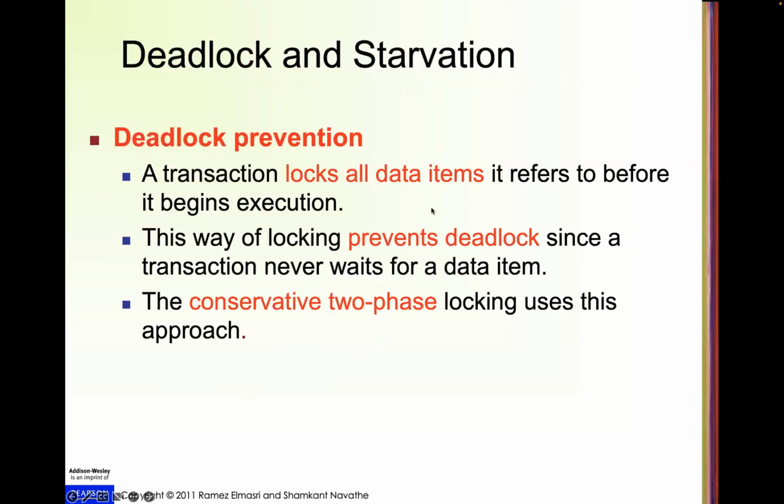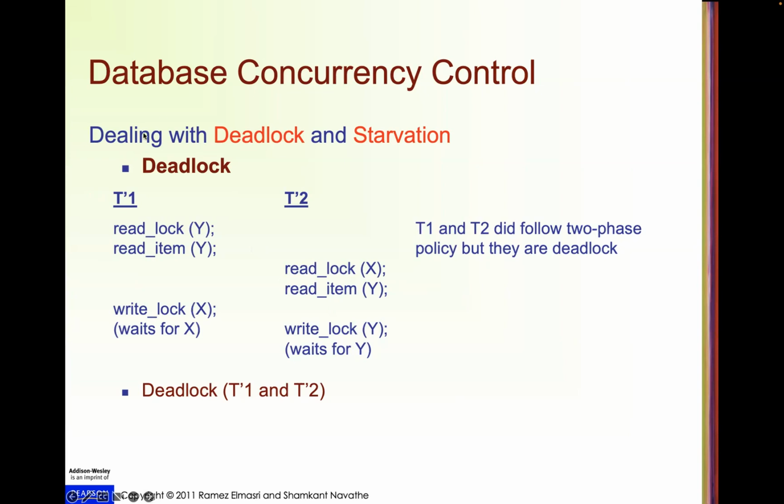Now, there are different ways in which deadlock can be handled. The first one is to avoid the deadlock. The transaction will lock all the data items before it begins its execution. T1 is the first one to start here. So what it will do, T1 will go and lock X and lock Y, and then it will work and finish the work.